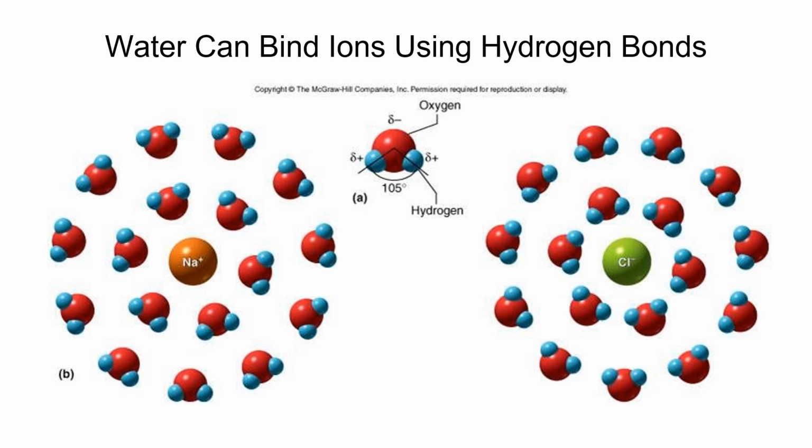But when you throw the salt into water, it disassociates into positive sodium ions, so those are cations, and negative chloride ions, or anions. And there's actually a shell of water that forms around those ions, and then those water molecules interact with each other.